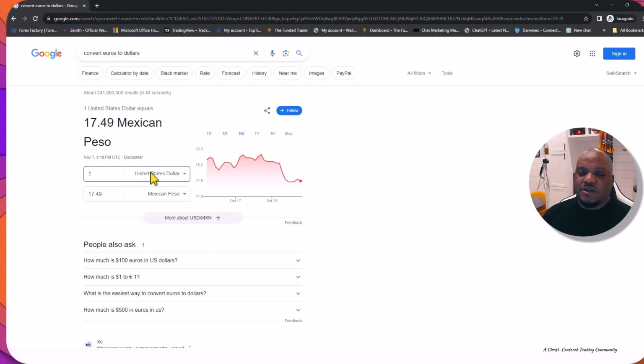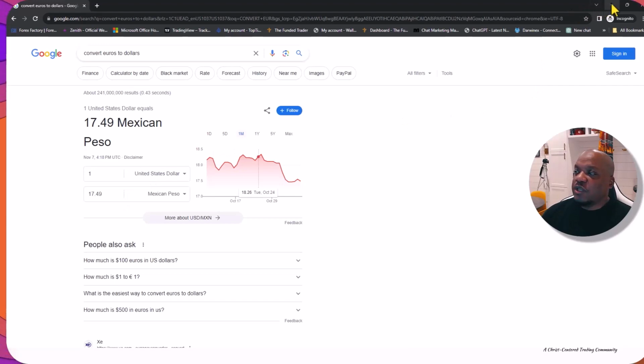And so that is called an exchange rate, where I'm buying the Mexican peso and I'm selling the United States dollar. And so that's called an exchange rate, where I buy one currency and sell another currency. I'm exchanging that currency, and that produces a rate that determines the value at which I'm exchanging one currency for another currency.